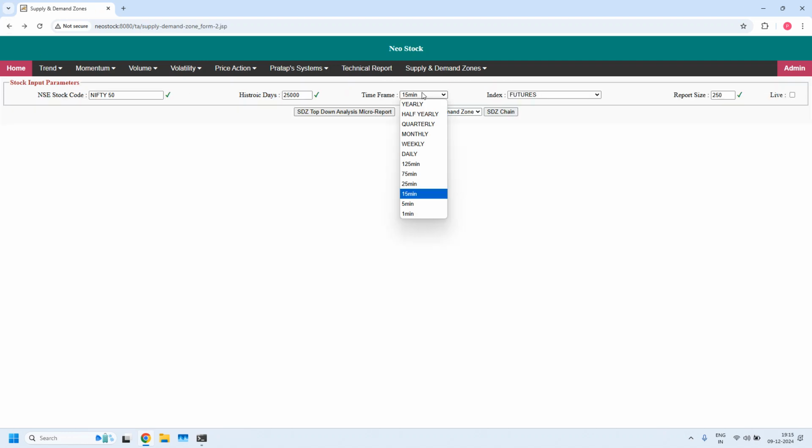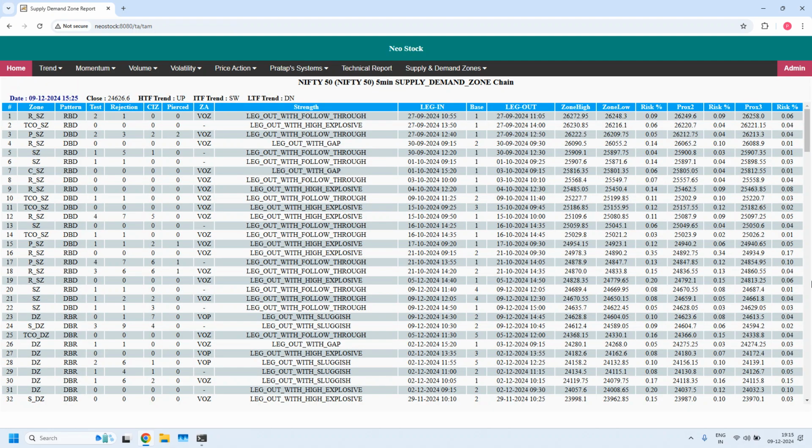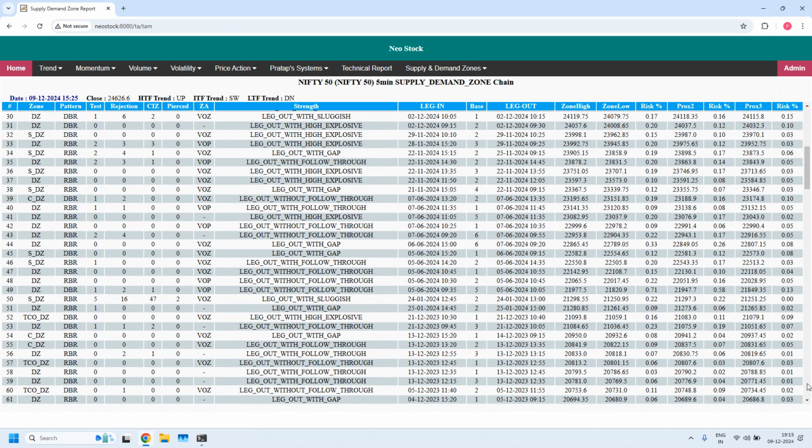Next, 5-minute supply demand zone chain for NIFTY. For more demand zones, I am scrolling the list down. So this is about the NIFTY supply demand zone chain.